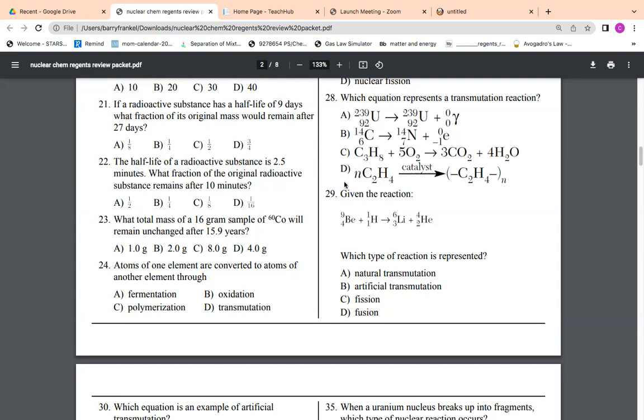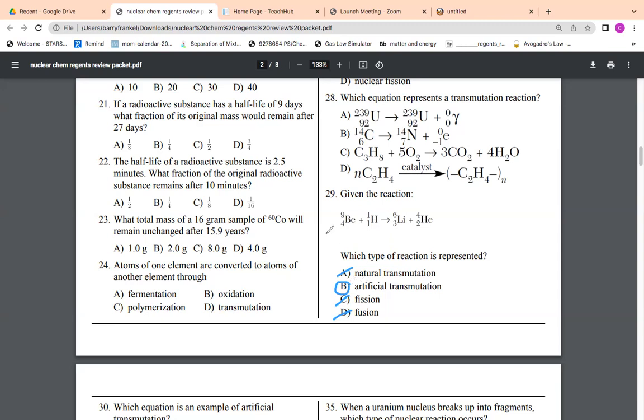So this is definitely not natural transmutation. This is also not considered fusion. Fusion, you'll typically see it is between hydrogen and hydrogen, making a helium. Fission is when you take a very, very heavy element and you break it down into other elements. So this is not fission. This is an example of artificial transmutation.